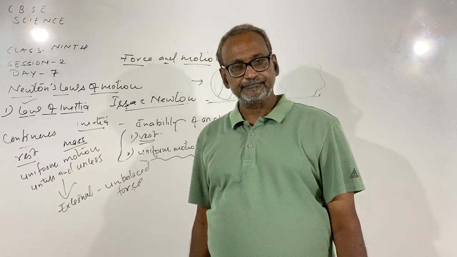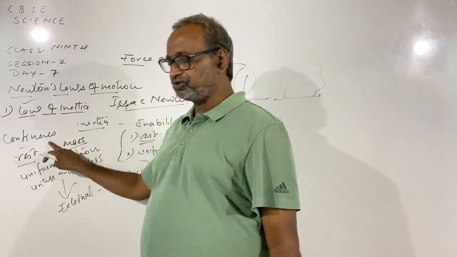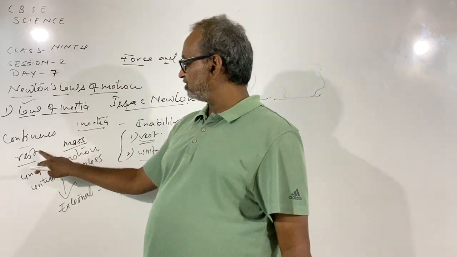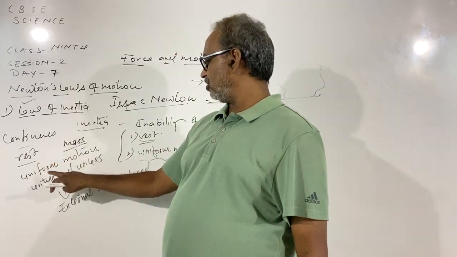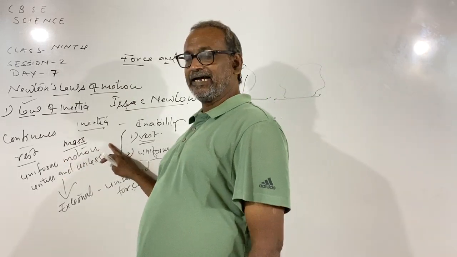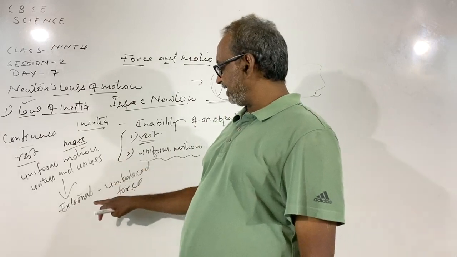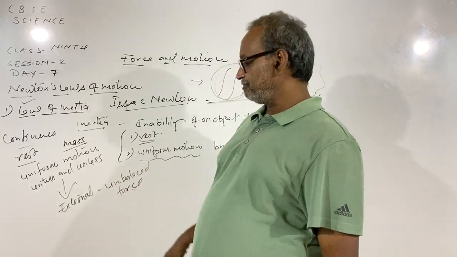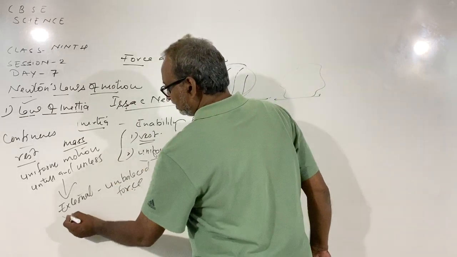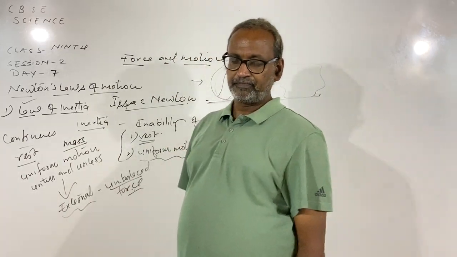What is the statement? A body continues to be in the state of rest or uniform motion along a straight line until and unless it is acted upon by an external unbalanced force.